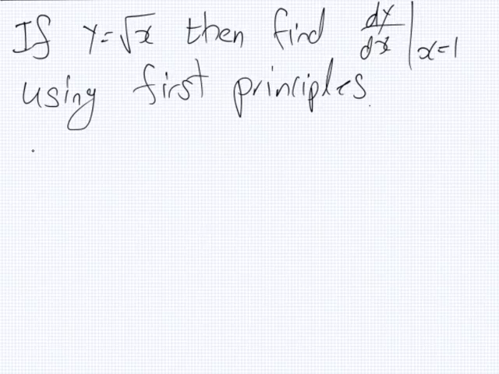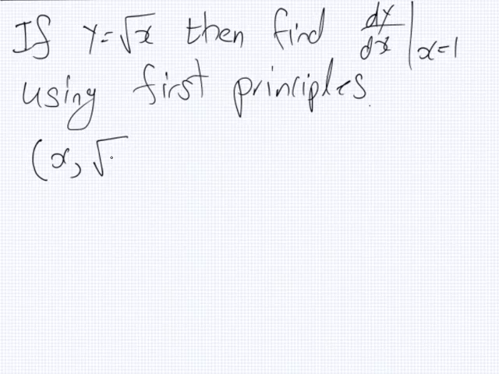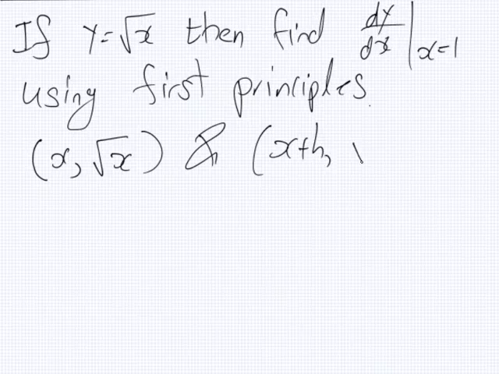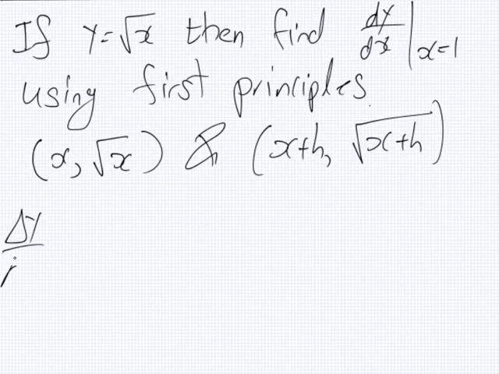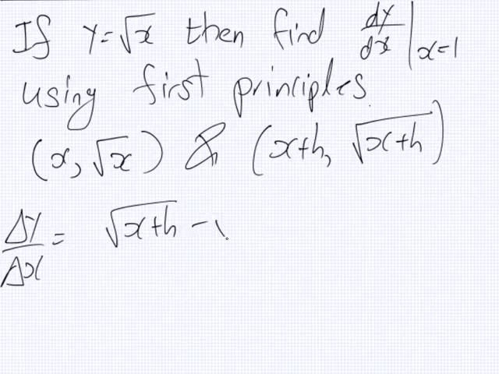So the first point will be x and y is square root x. And then the second point is x plus h and square root x plus h. These are the two points. So the slope will be root x plus h minus root x over x plus h minus x.